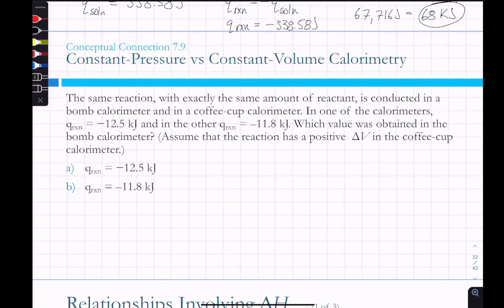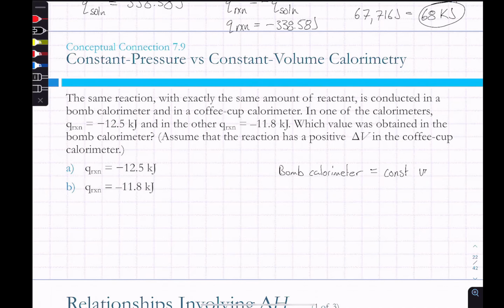So is the bomb calorimeter constant pressure or constant volume? Yeah, it's constant volume.